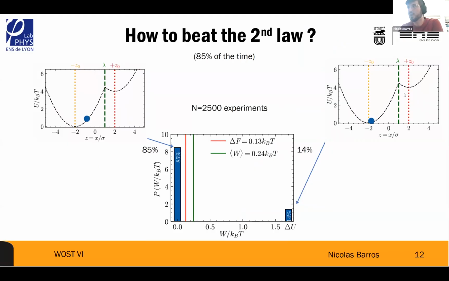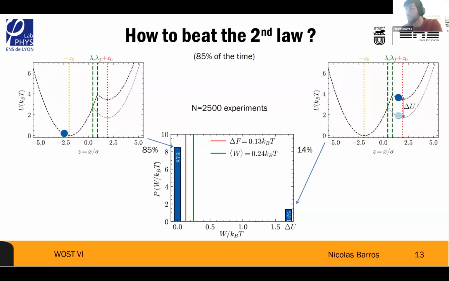However, if you are really unlucky and the cantilever is on the right side when the switch happens, you still have to spend an amount of work equal to the potential energy increase that you have to confer to the cantilever.